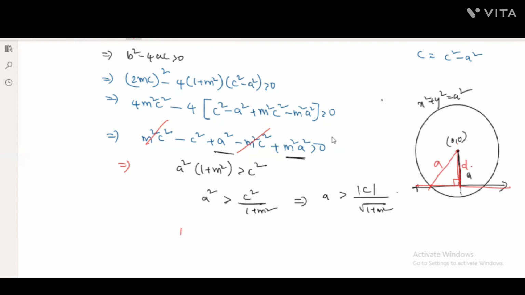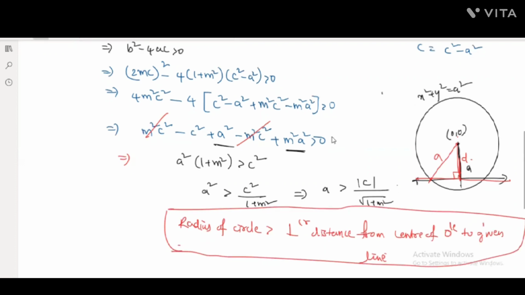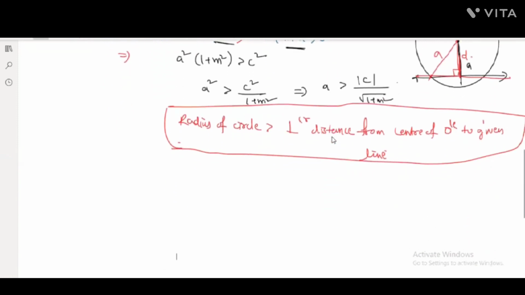That means the radius of the circle is greater than the perpendicular distance from the center of the circle to the given line. This is the condition we have to remember to solve conceptual problems in circles. So this is one case.